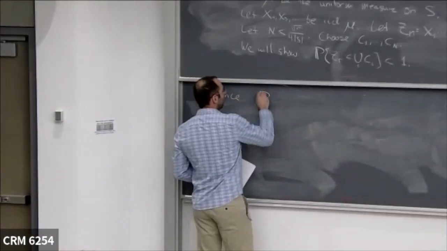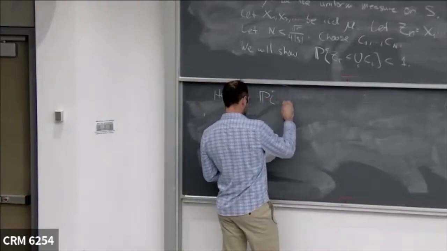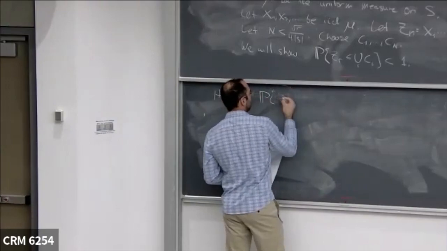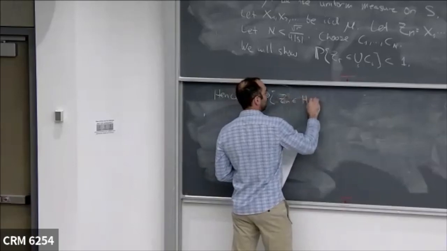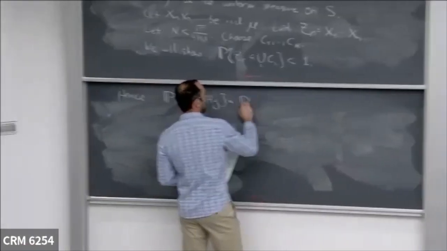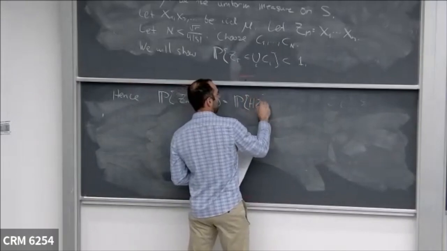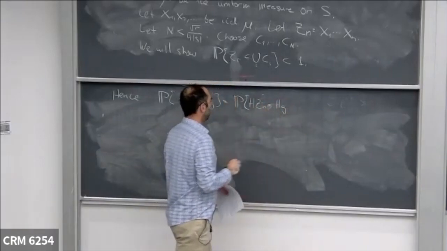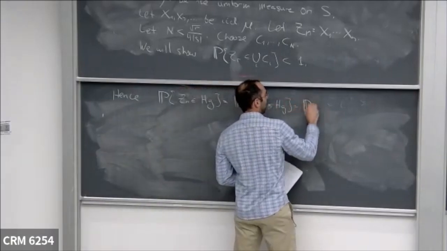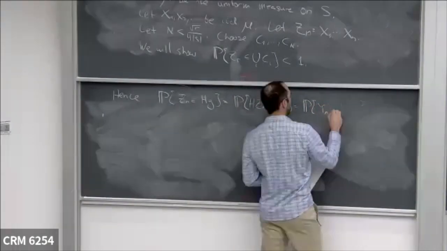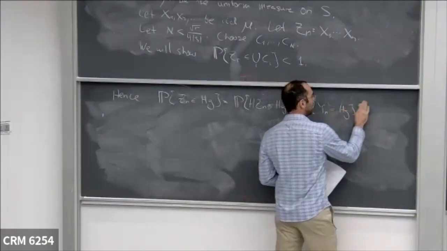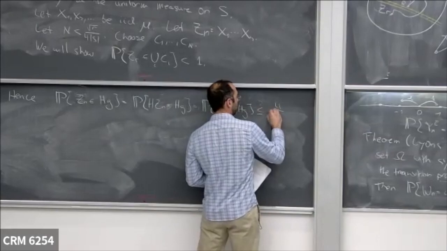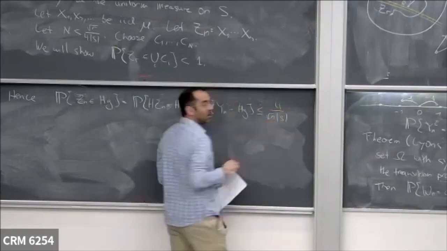We get that the probability that Zn is in this coset is the same as the probability that H Zn is equal to this coset, which is the same by definition as the probability that this Yn is equal to Hg, which is at most 4 over root n times the size of the generating set.